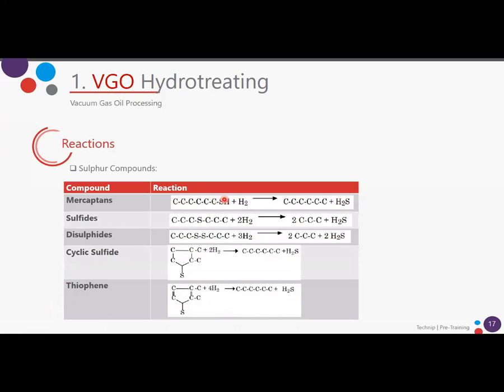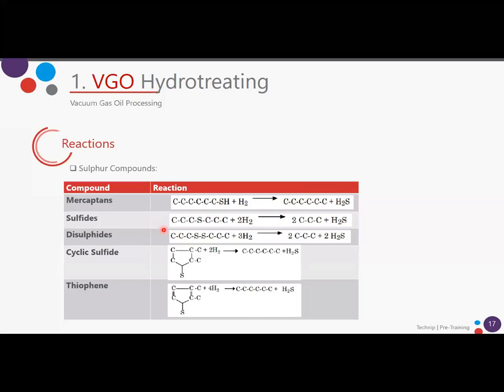Remember that this is a mercaptan when you have an alkyl group and SH here. Here we have 6 carbons, but it can be 7, 8, whatever. It will be a mercaptan because it has this SH. It will react with hydrogen, and you will have the corresponding hydrocarbon without sulfur plus H2S.